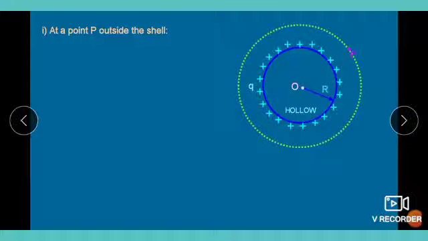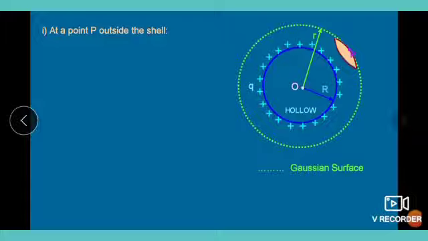Assume a spherical Gaussian surface passing through point P, then calculate the electric field at the point at distance r. Consider a small Gaussian surface element ds bar; the area vector is normally outward and the electric field is also in the same radial direction, so the area vector and electric field at point P make a 0 angle.